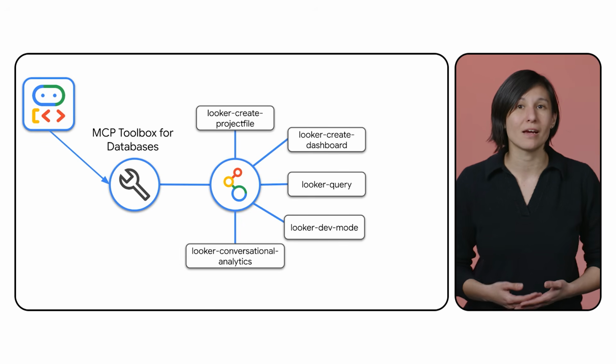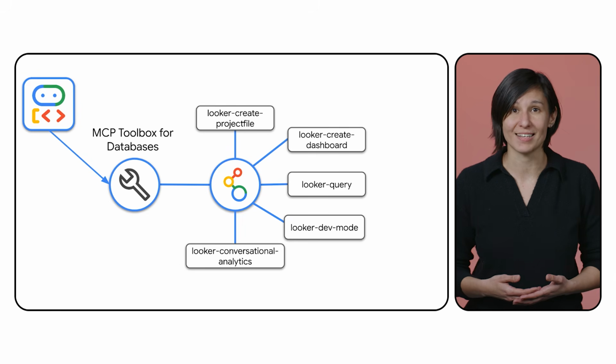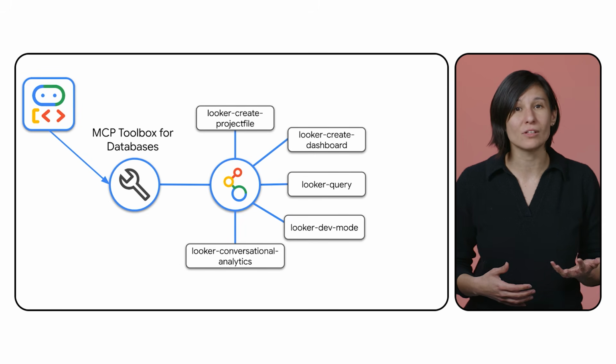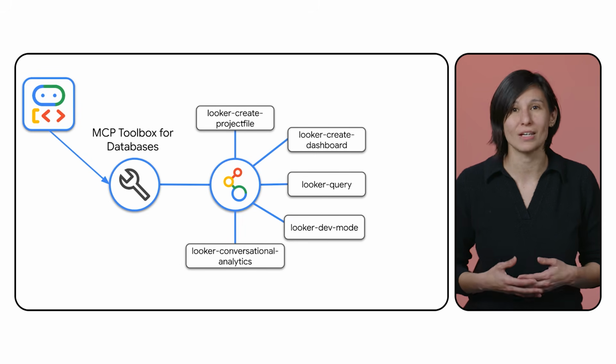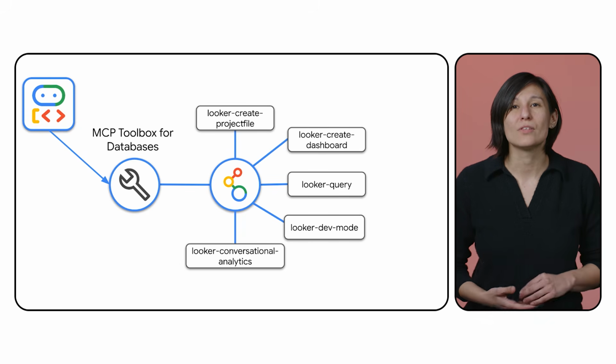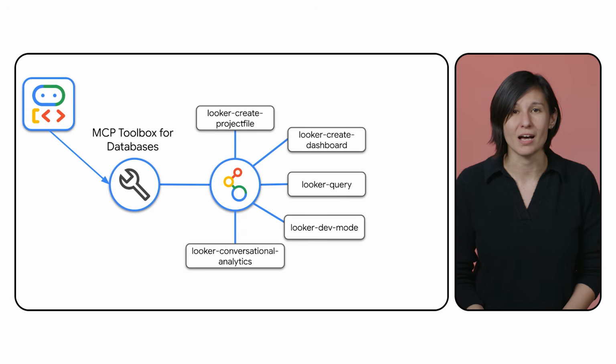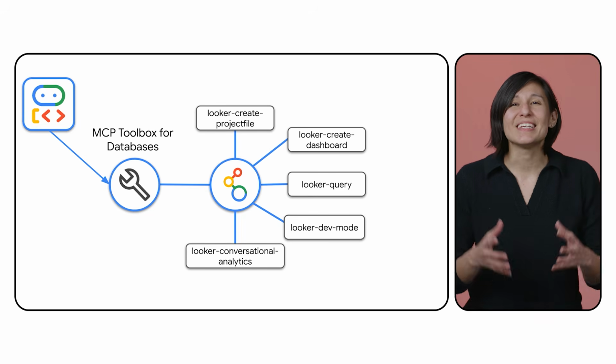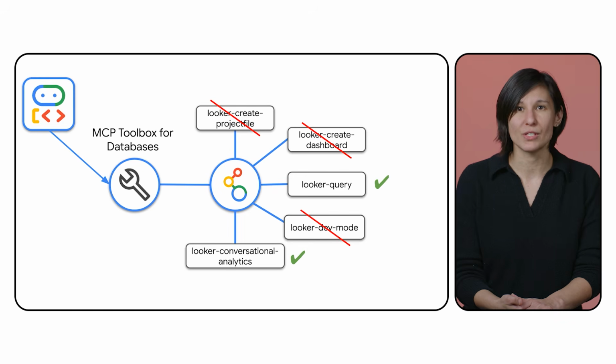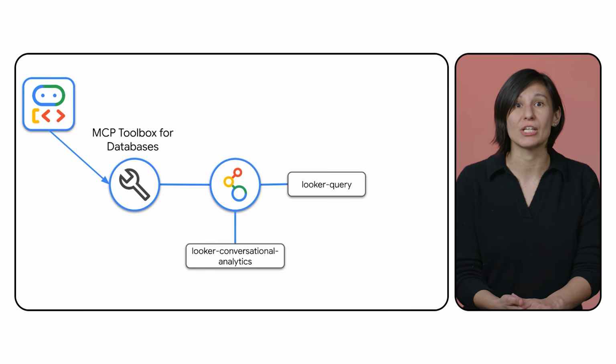It immediately inherits the ability to perform complex tasks, from auditing LookML project files to executing governed queries. The toolbox handles the heavy lifting, allowing you to scale your agentic systems without reinventing the integration layer every time. You can even specify what tools you want available to an agent, so agents can be specified for different uses.